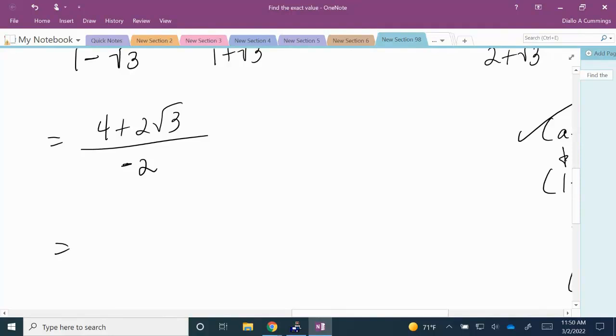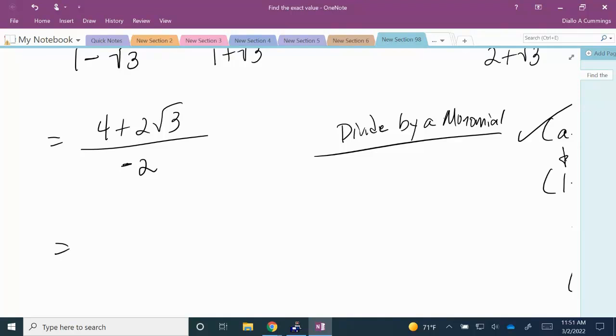Now lastly, we're going to simplify this. Remember the last time we talked about divide by a monomial. As I mentioned, this is not really an algebra course, but it's sort of algebra heavy, so I'm just reviewing some of those formulas from algebra. The divide by a monomial rule states that a plus b over c is equal to a over c plus b over c. We can rewrite each term having a denominator of negative 2.